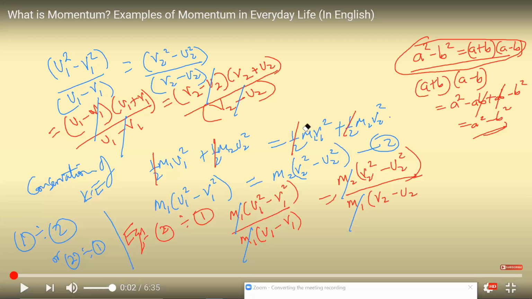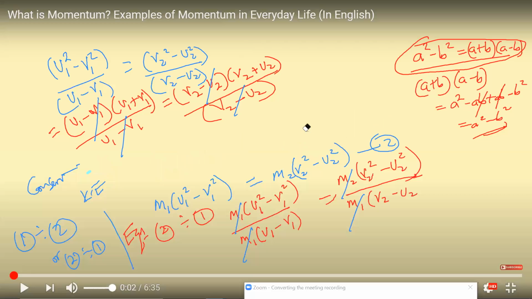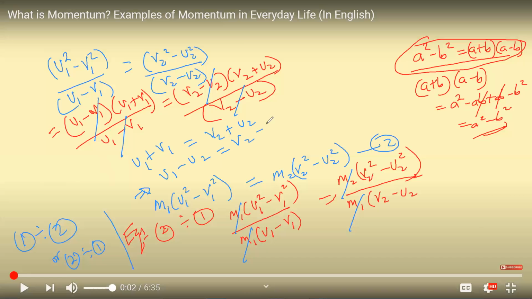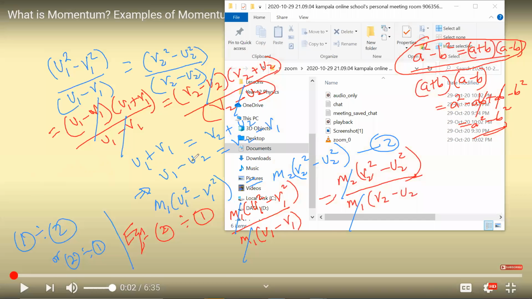And we shall end up with u1 plus v1 equals v2 plus u2, which implies therefore that u1 minus u2 is equal to v2 minus v1.